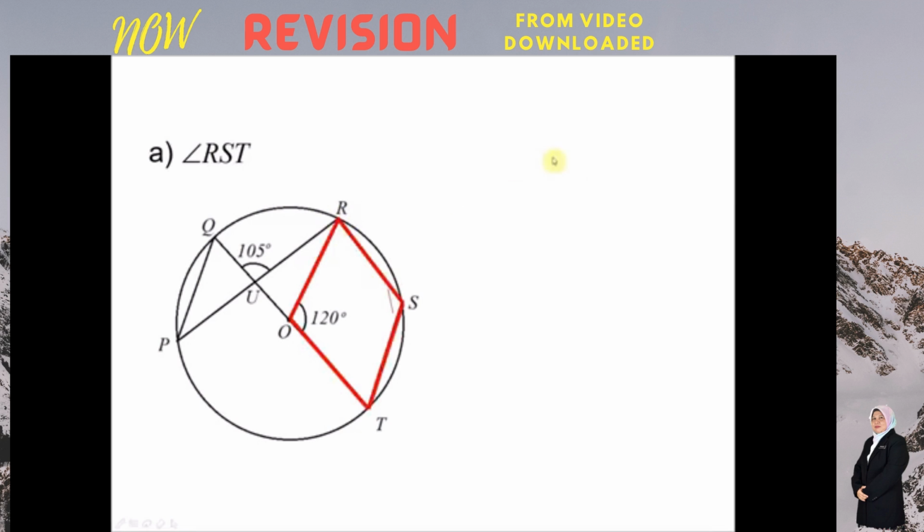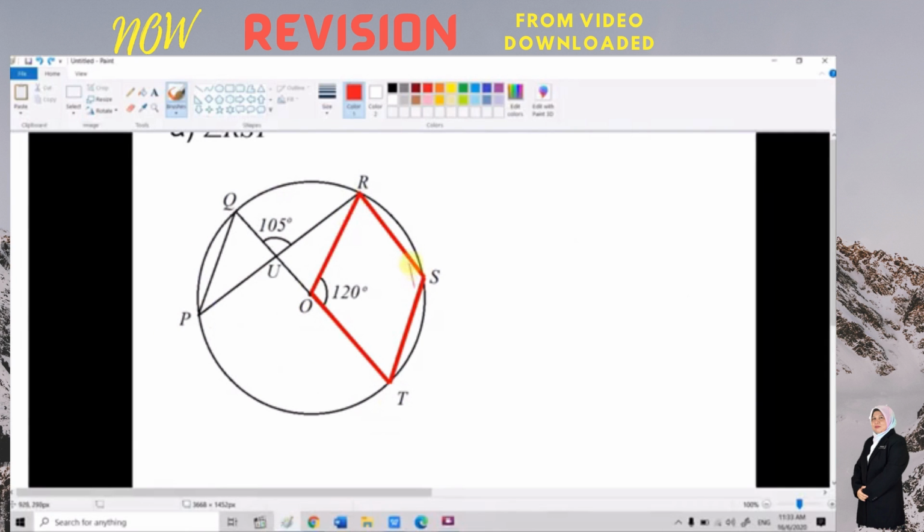So now I'm going to draw the red lines here. For this angle again, this angle is subtended by the arc RT, and this angle here, from here to here, is the angle at the center subtended by the major arc RT as well. So this angle here is half the size of this angle here.